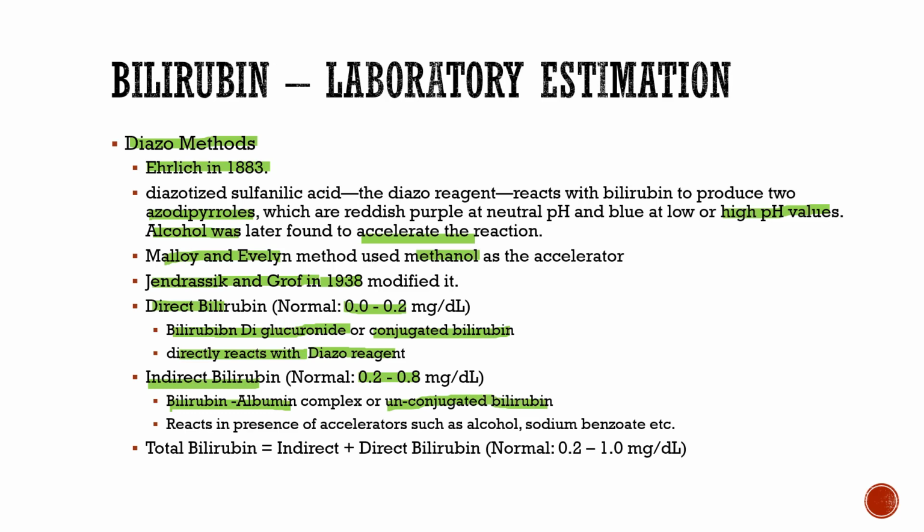It reacts only in the presence of an accelerator. It can be either sodium acetate or sodium benzoate. When you add the accelerator, you will get the total bilirubin, which is a combination of indirect and direct bilirubin. The total bilirubin reference range is from 0.2 to 1.0 milligram per deciliter. Thank you all.